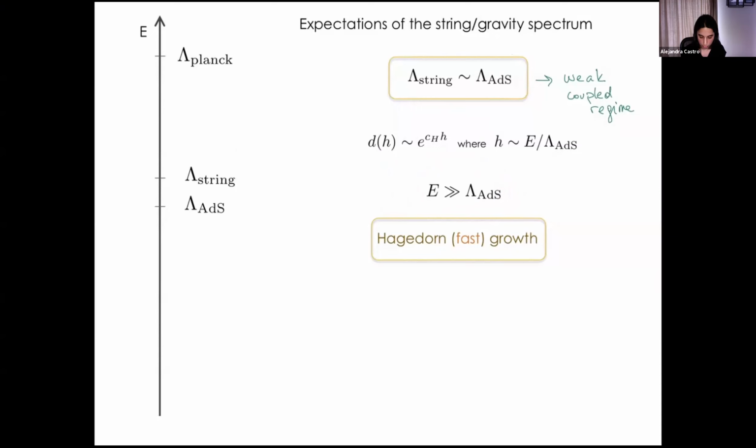For the rest of the talk, if I refer to fast growth, I'll be referring to this Hagedorn growth. Now, the thing that is interesting here is that this is enough to meet the black hole regime.